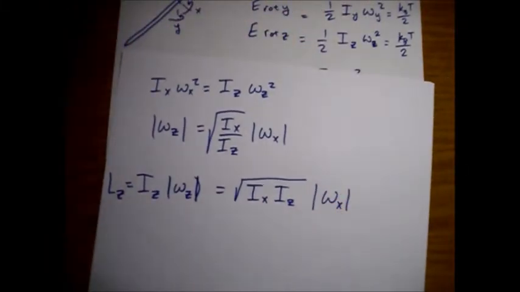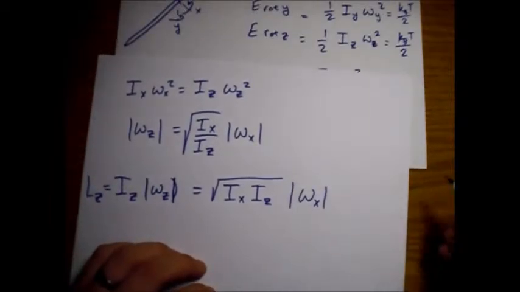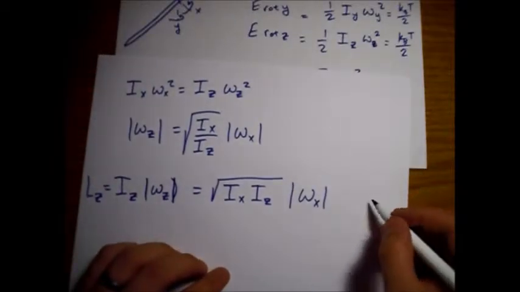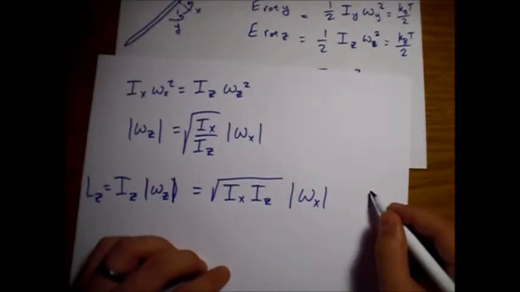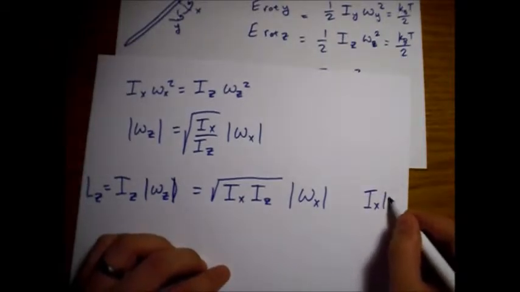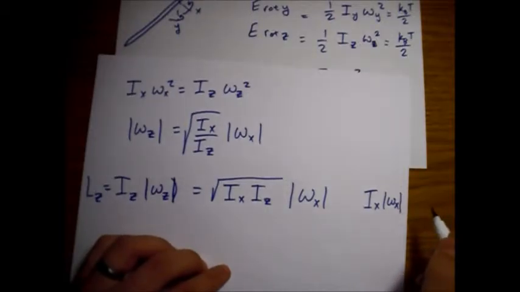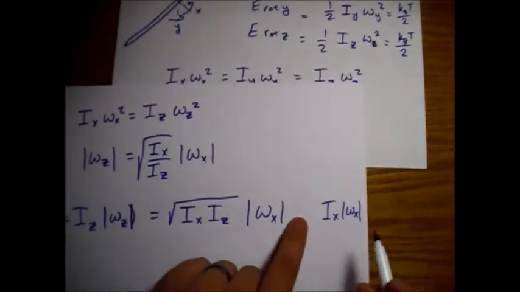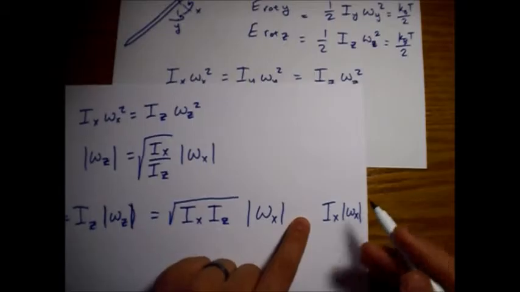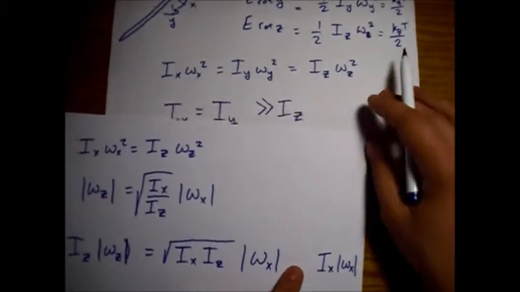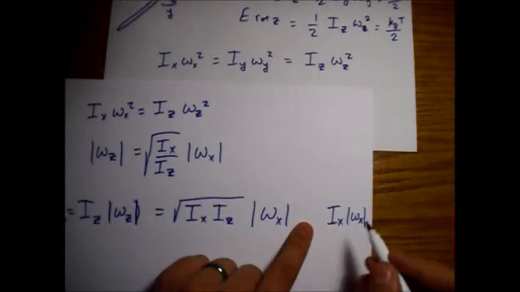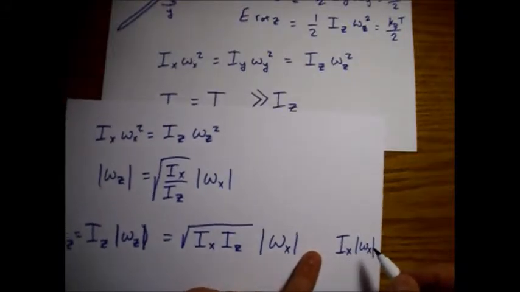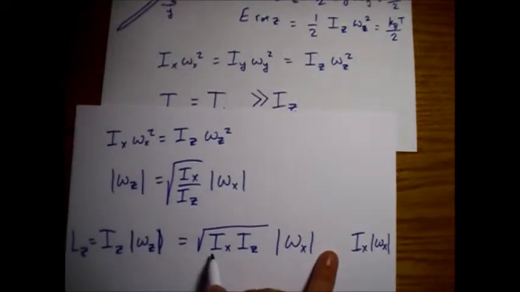So the question is, how does this compare to I sub x omega x? What should go right here: an equal sign, greater than, less than? Well, I sub x is just I sub x multiplied by I sub x, right?